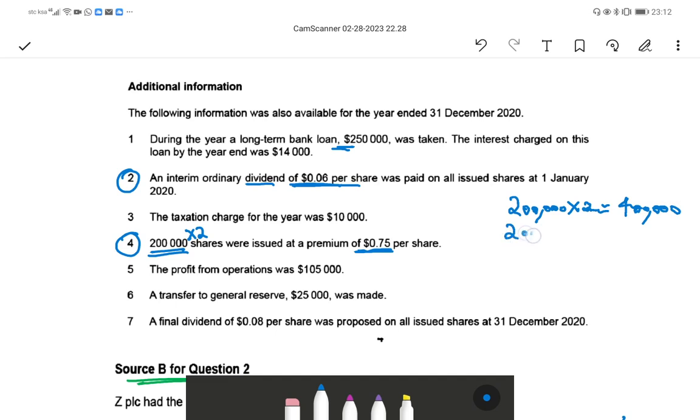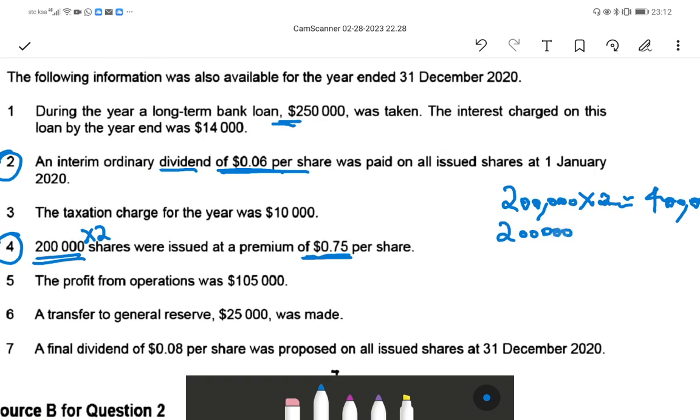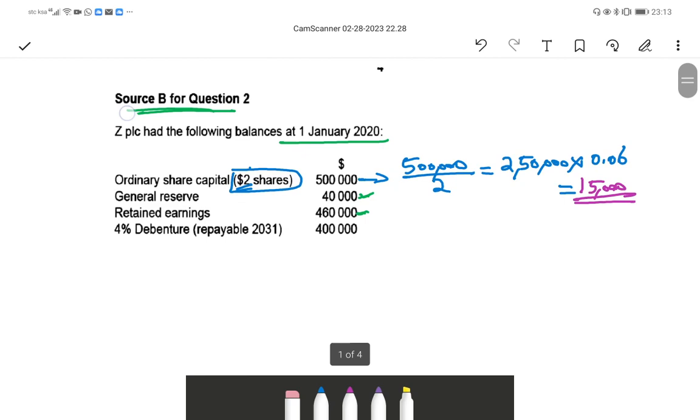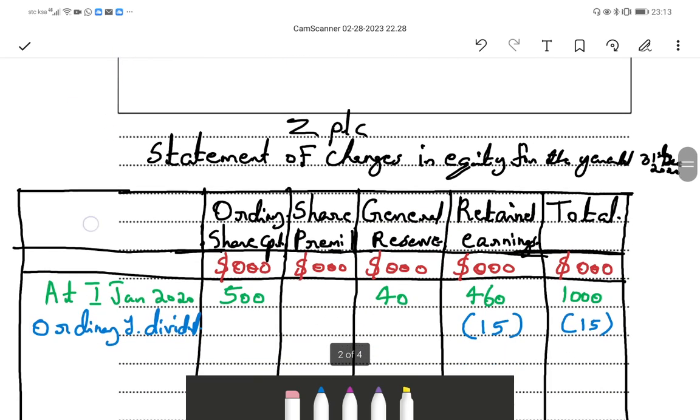Then 200,000 into 0.75 premium is 150,000. So share is 400,000, premium is 150,000.